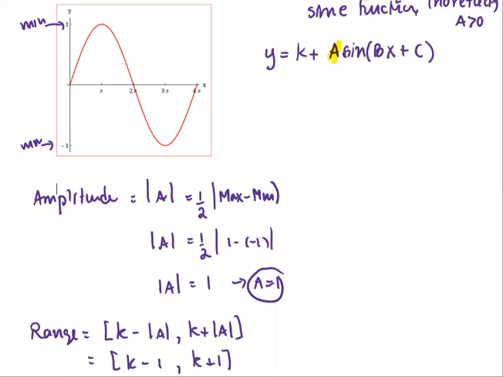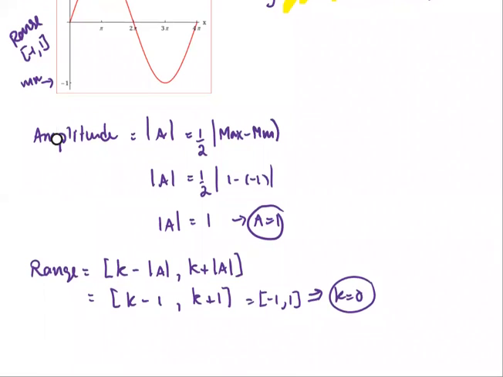But for the graph, as you see, the range of the graph is from -1 to +1. That confirms k equals 0. So we got another value down: k equals 0, or basically, there is no vertical translation.